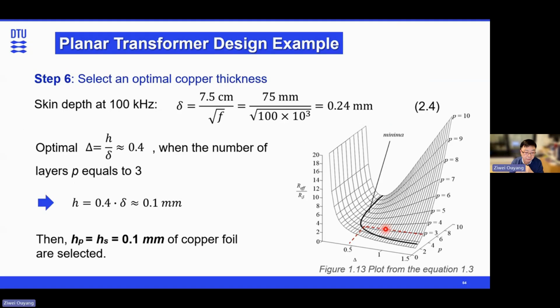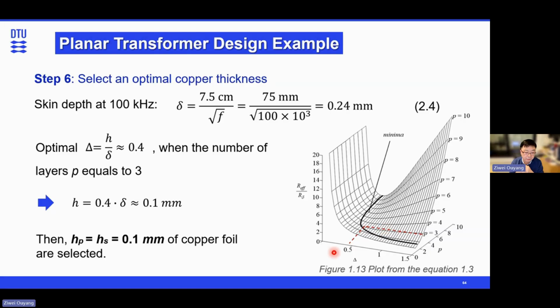The next step is to select the optimal copper thickness. First, we need to calculate the skin depth at 100 kilohertz. The skin depth equals 7.5 centimeters divided by the square root of frequency, so we got 0.24 millimeters.